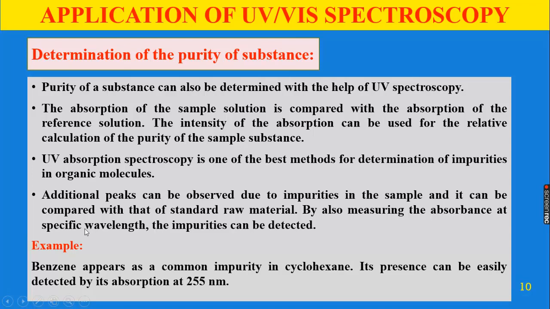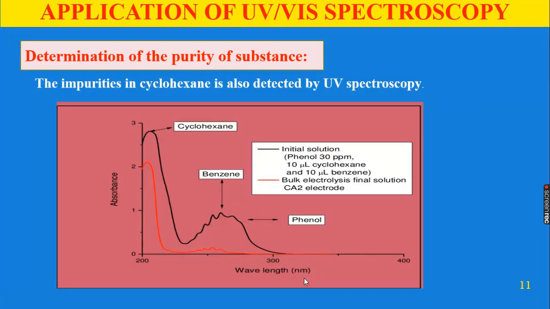For example, I have taken benzene, which appears as a common impurity in cyclohexane. So we check whether our cyclohexane is pure or not, because benzene absorbs at 250 nanometer. We have run the spectra and here you can see the red spectra. This is cyclohexane.